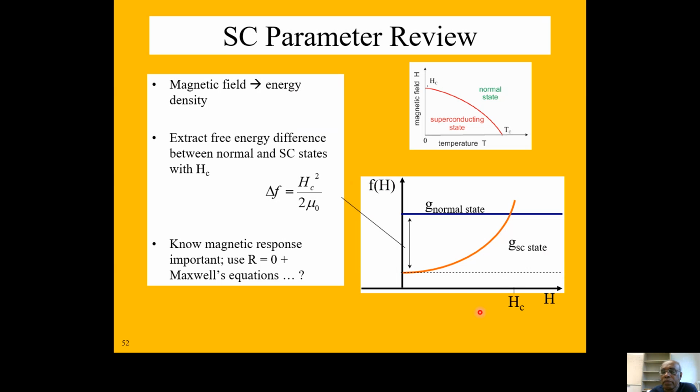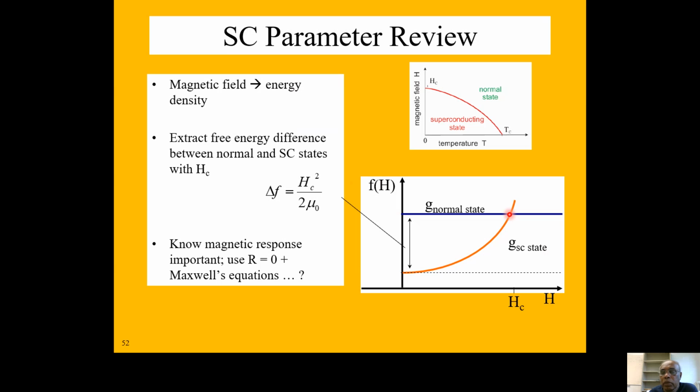If you plot as a function of H, we know in the normal state, it is pretty much independent of your magnetic field. But in the superconducting state, above this critical field, that is becoming normal, right? So until this is my Hc, at Hc it becomes normal state.